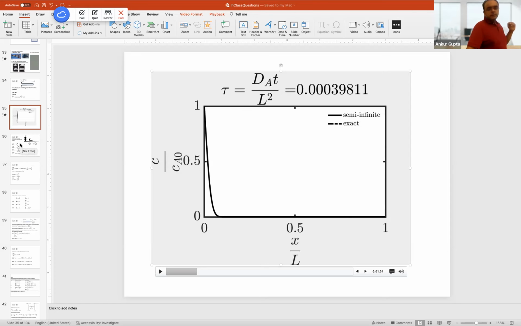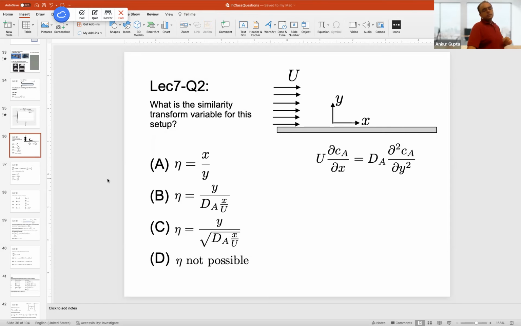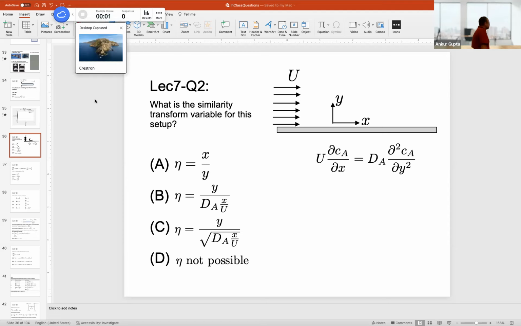All right, let's go further. Let's take another quick poll here. What do you think would be the similarity transform for the variable for this setup? Given this problem, it's a semi-infinite problem in Y, and there are some coordinates defined now.